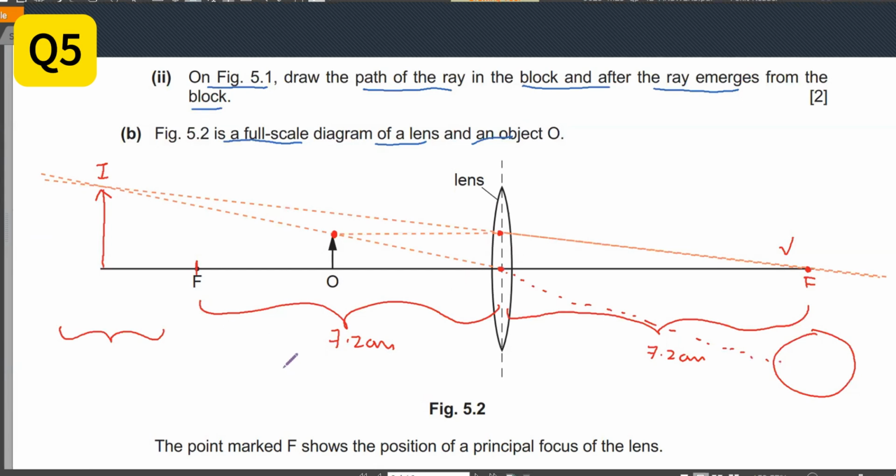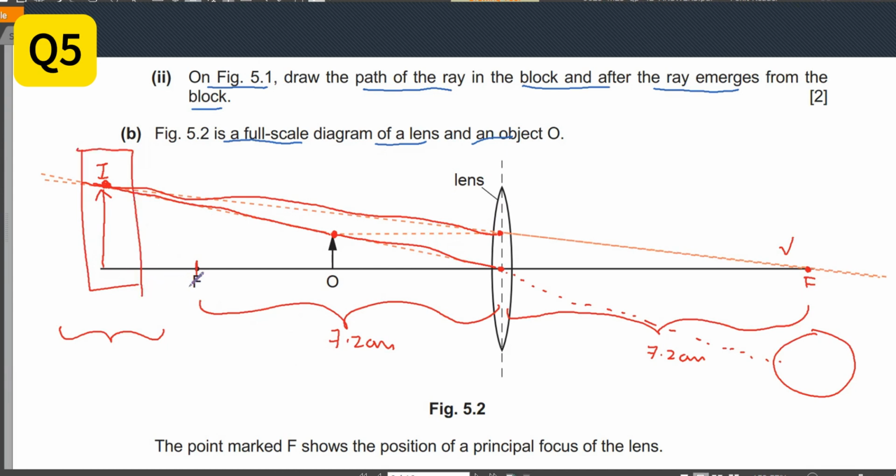To find the position, we extrapolate. We take the ruler and extend these lines, and where they cross will be the position of the image. That will be the answer.